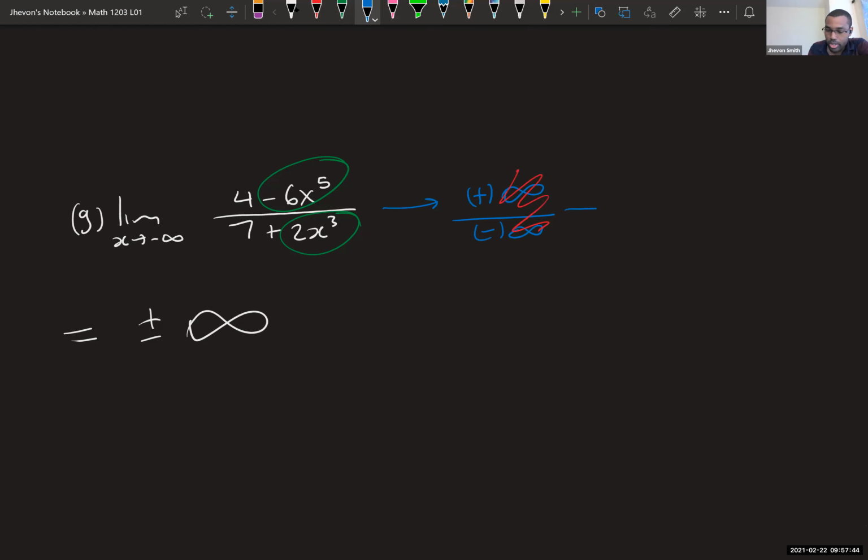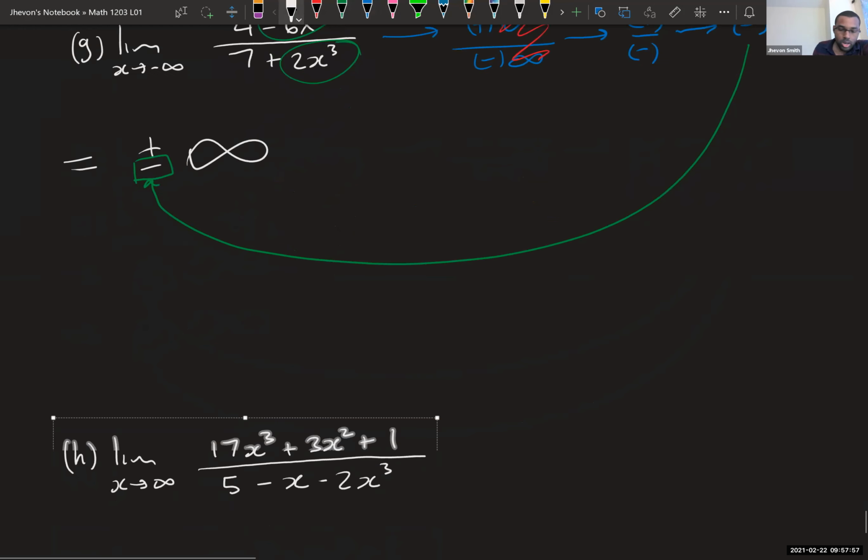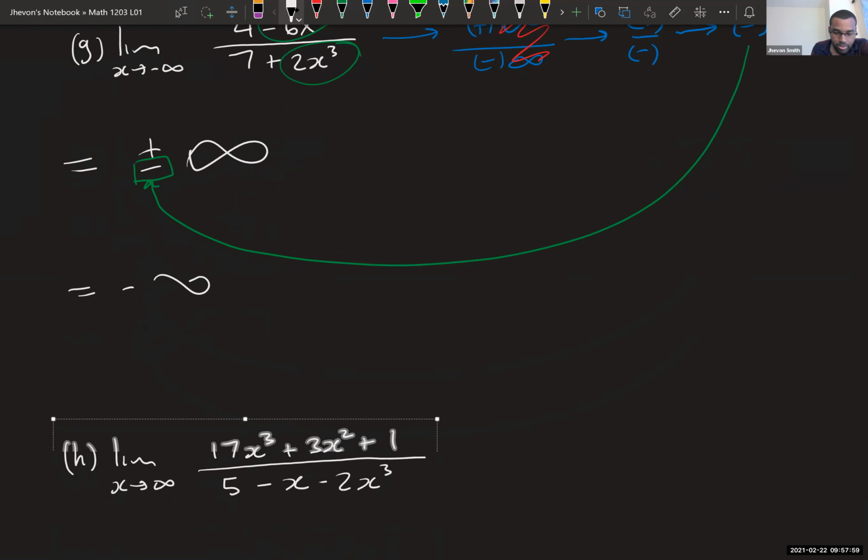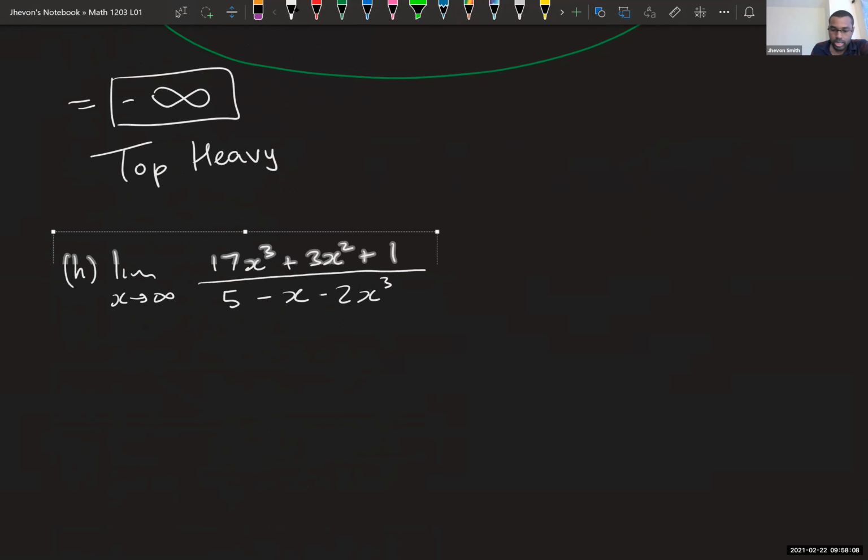So this goes to a positive divided by a negative, which means it goes to a negative, which means the right symbol to pick is the negative symbol. So you can know that this was just negative infinity. And then you just write down to show your work, top heavy. And that's it, we're good after that.